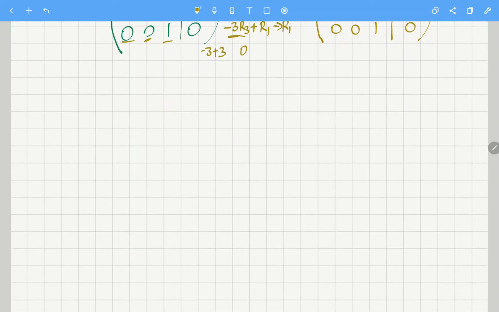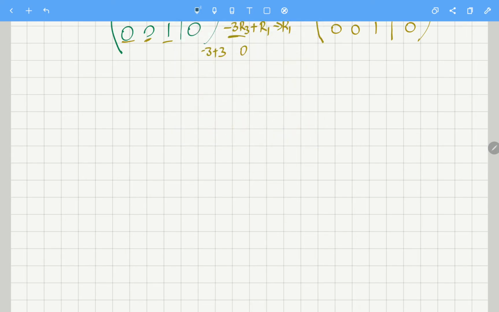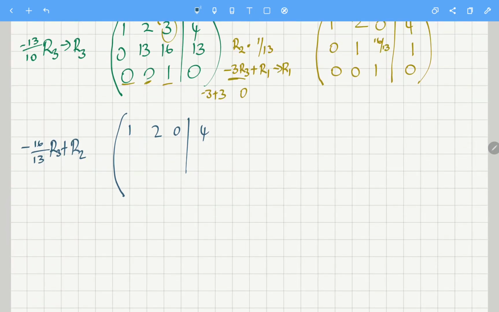Okay, and moving further, minus 16 over 13 row 3 plus row 2. So row 1 stays the same, right? Minus 16 over 13 times 0 becomes a 0.